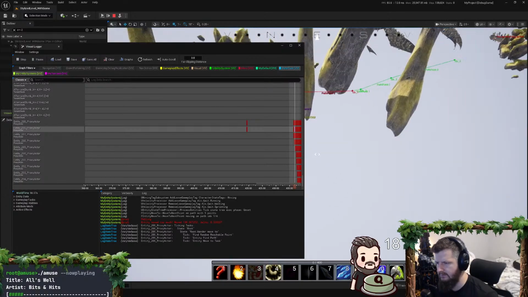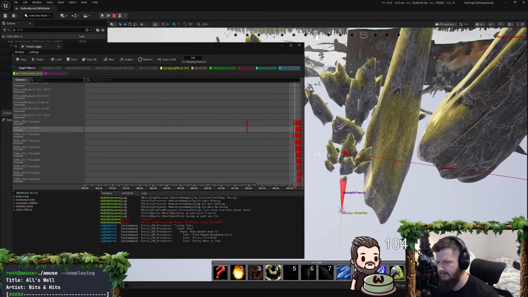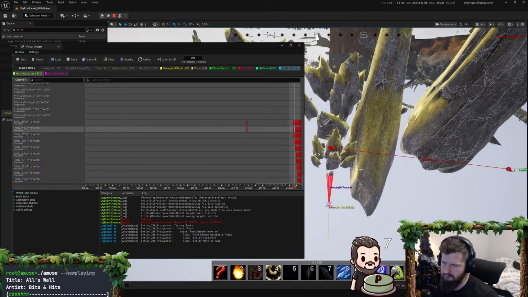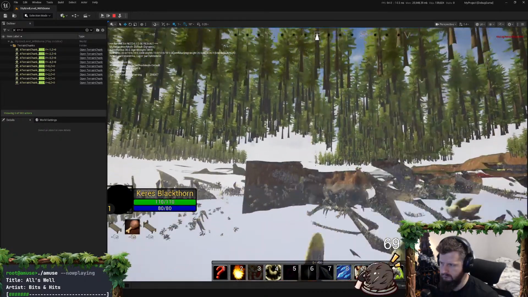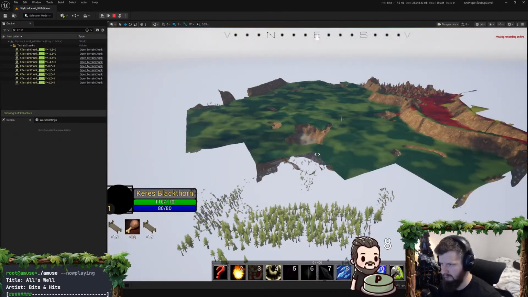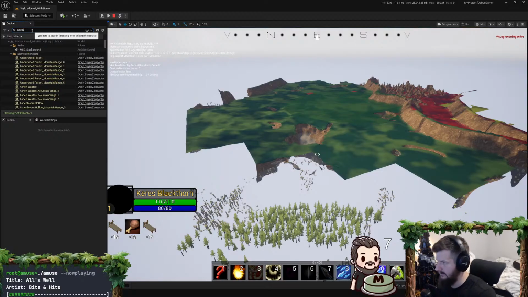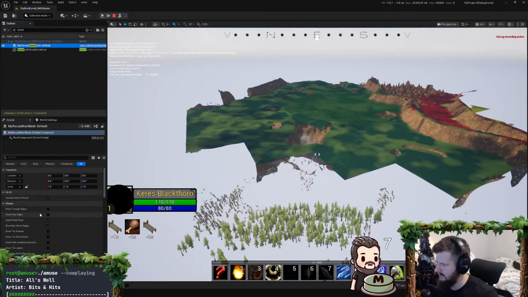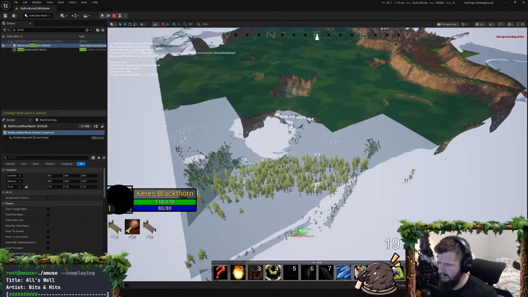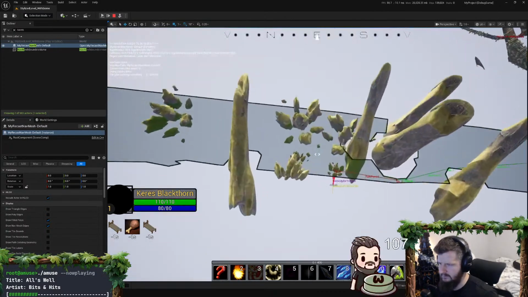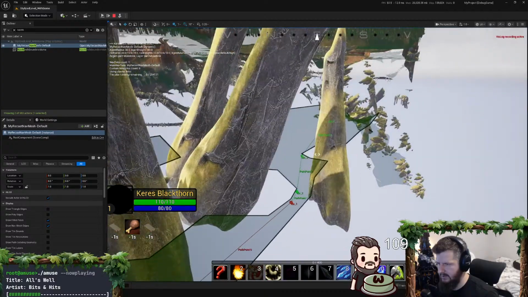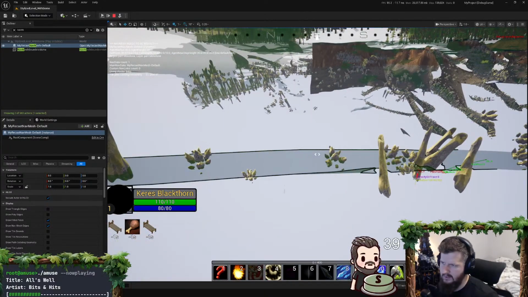Yeah, why do these never work? Why do these never work? That nav mesh is not updated, and I know it. Okay, there's our nav mesh. Yeah, I mean, the terrain should be there. I don't know why we're not getting hits.